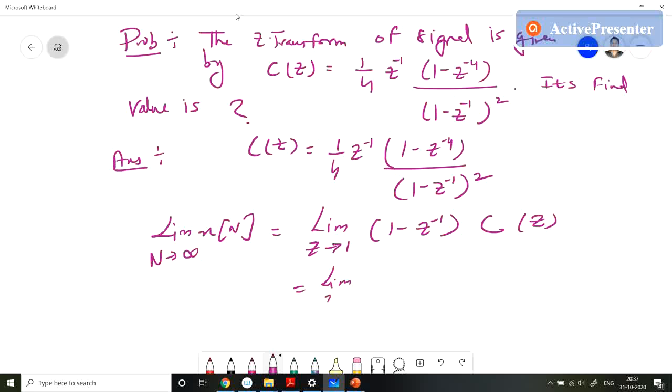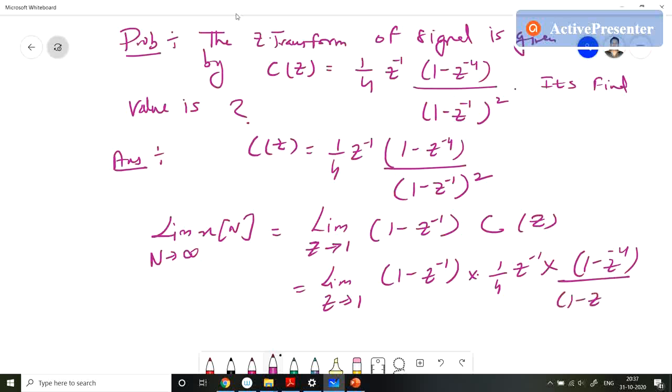So it is equals to limit z tends to 1, 1 minus z raised to the power minus 1 into 1 divided by 4 z raised to the power minus 1 into 1 minus z raised to the power minus 4 divided by 1 minus z raised to the power minus 1 square.